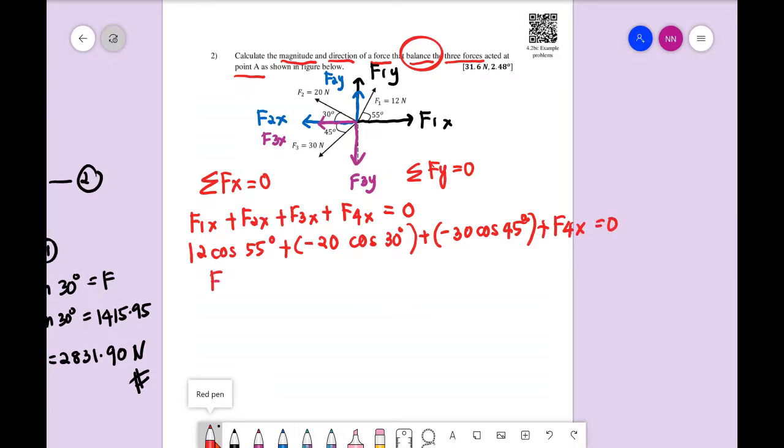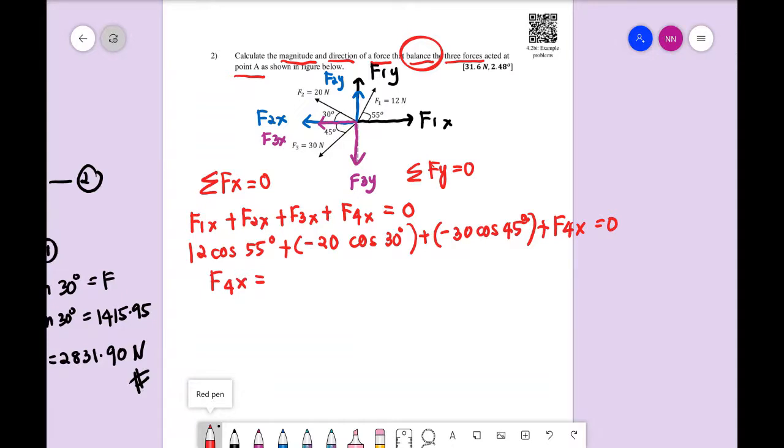So we can calculate F4x: 12 cos 55 minus 20 cos 30 degree minus 30 cos 45, which equals negative 31.65.